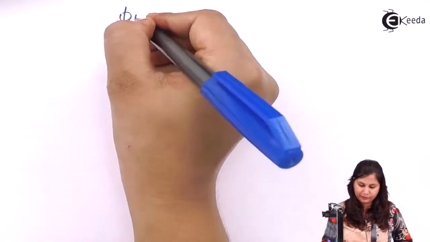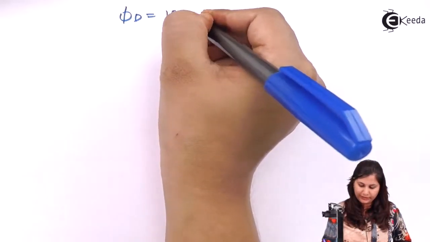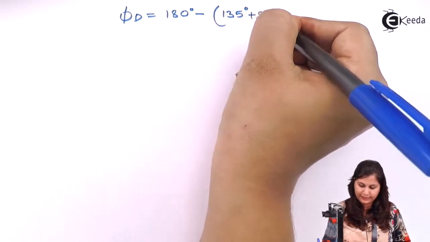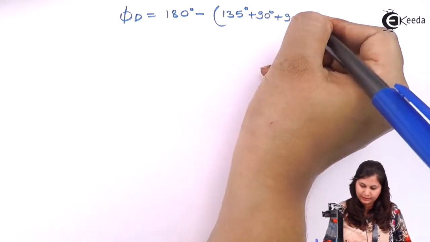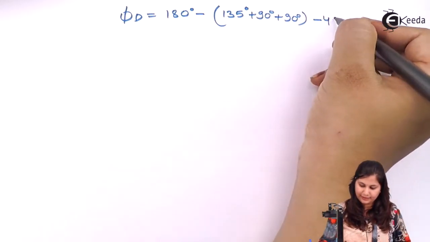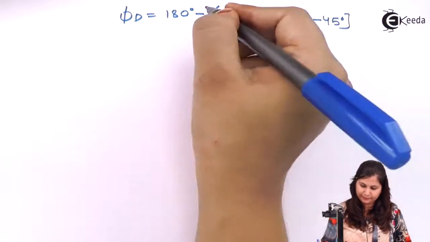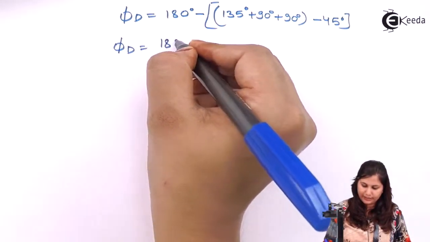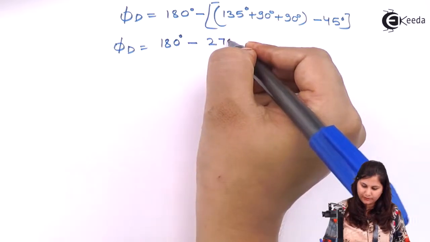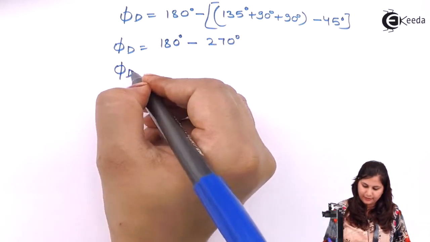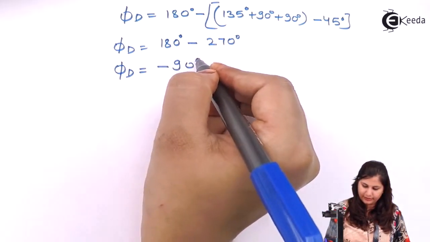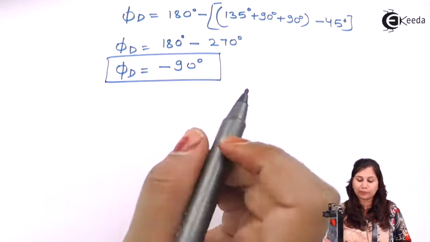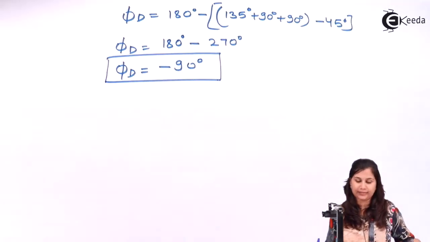So phi d will be 180 degree minus (135 plus 90 plus 90), and phi z is 45 degrees. So phi d will be 180 minus 270, and it is minus 90 degrees. So the angle of departure from the complex pole will be minus 90 degree.